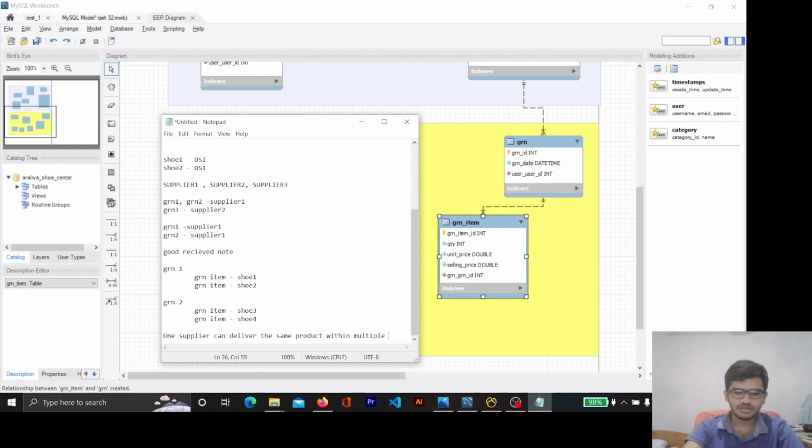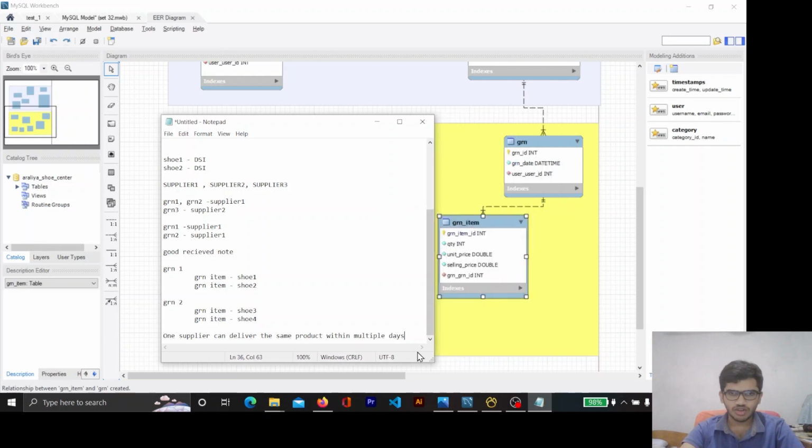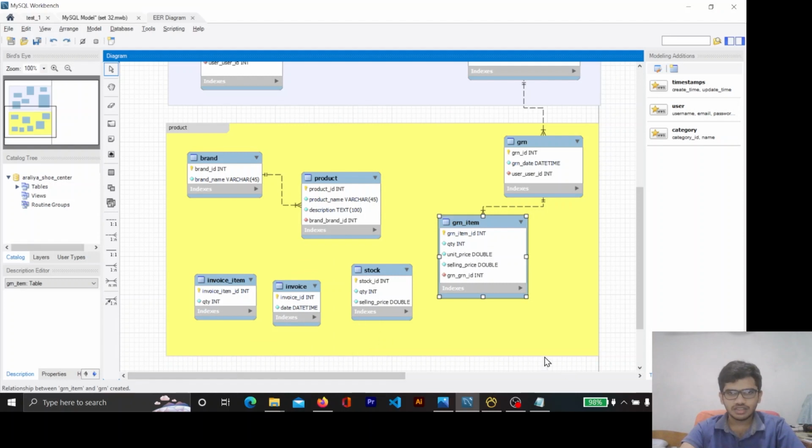So what I'm trying to say is that one product can have many GRN items, and one GRN item could be included in only one product.